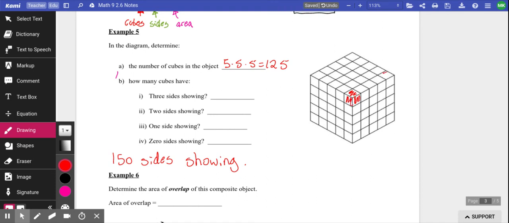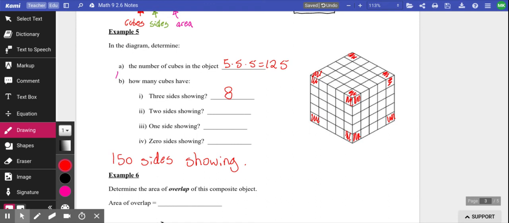This one over here would have 1, 2, and a third side showing. This one would have 1, 2, 3 showing. All the corners would have 3 showing. So how many cubes have 3 sides showing? 8. The 8 corners.